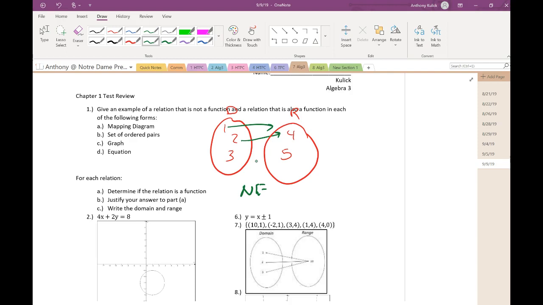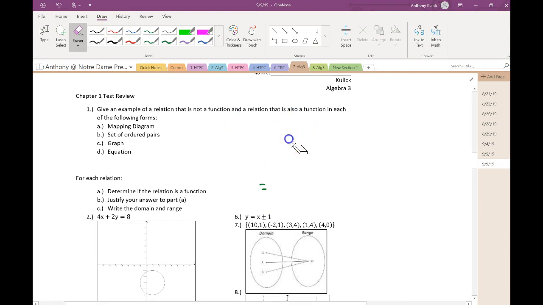Okay. Everybody happy with 1A? Okay. All right. So the next one is a set of ordered pairs. What do I mean by a set of ordered pairs? Something like that. Everybody happy with that? Okay.